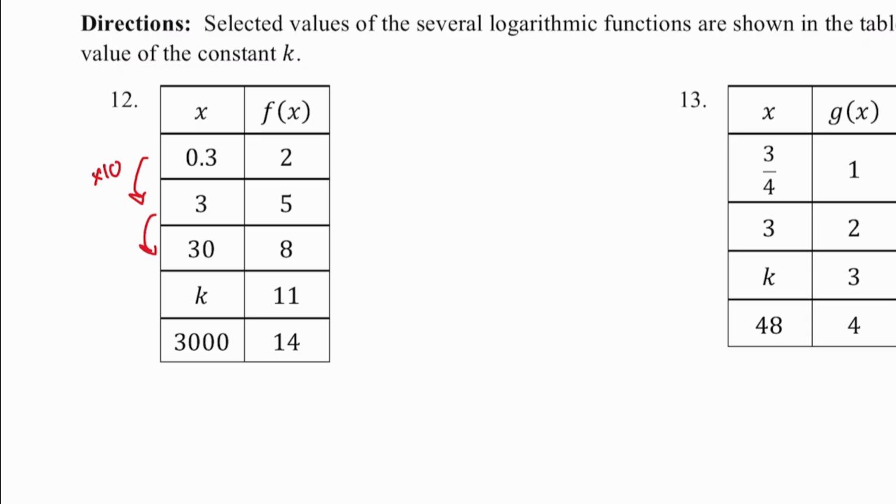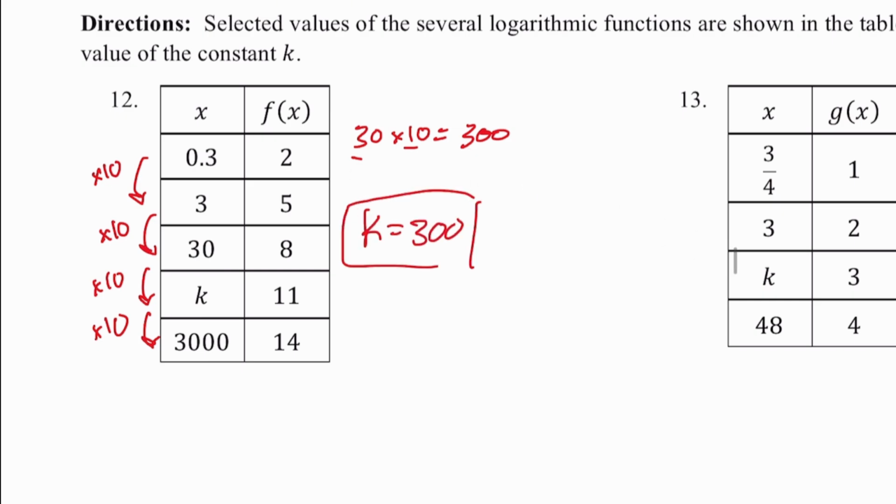So that's also multiplying by 10. If it's log, then all of it has to be multiplying by 10. So 30 times 10 gives us 300. You just add the 2 zeros. We see that there are 2 zeros, which means there are going to be 2 zeros in our answer. So k is equal to 300.